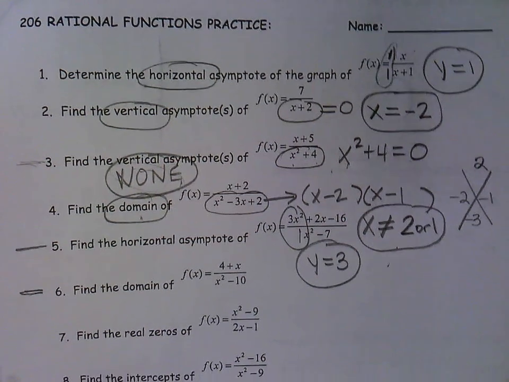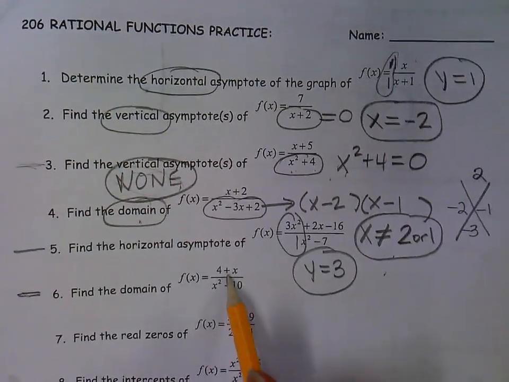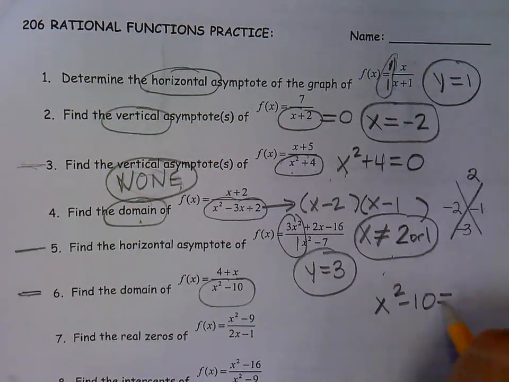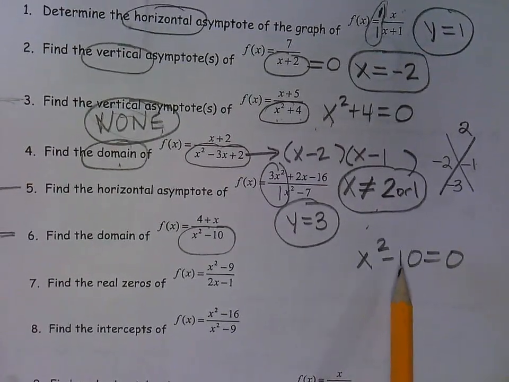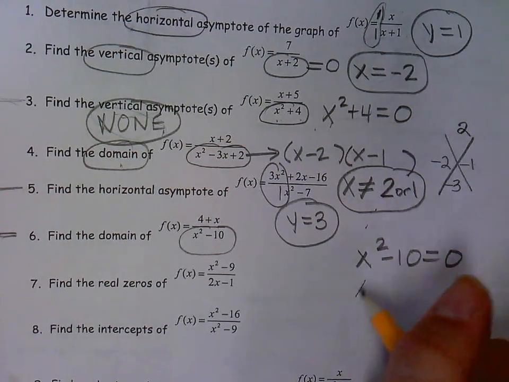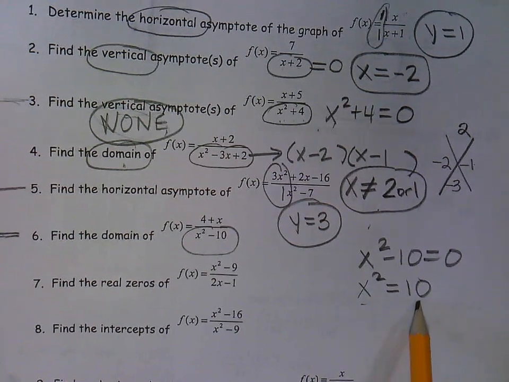All right, number 6, domain. I go back to my denominator. This is a quadratic. When will x squared minus 10 equal 0? And I know a lot of you took trig, so x squared minus 10, I would add 10 to the other side. So x squared equals 10. Sometimes you don't get a perfect square, right?